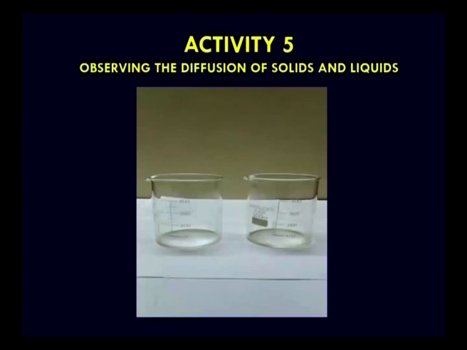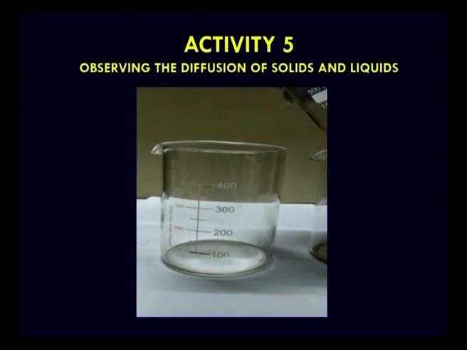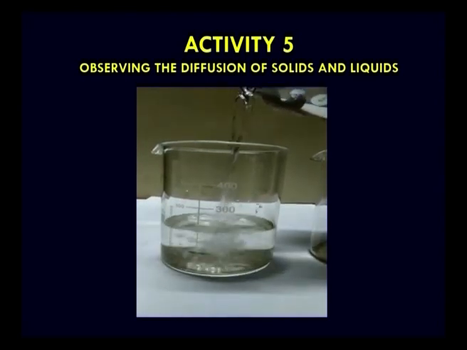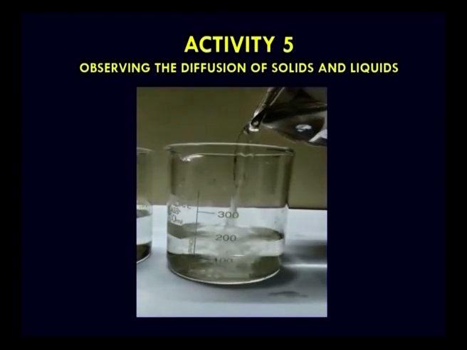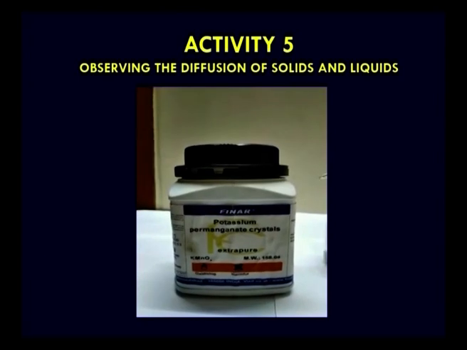Let us discuss an interesting activity observing the diffusion of solids and liquids. Take two beakers, pour some water in one, and pour some water in the second beaker. Take potassium permanganate crystals.